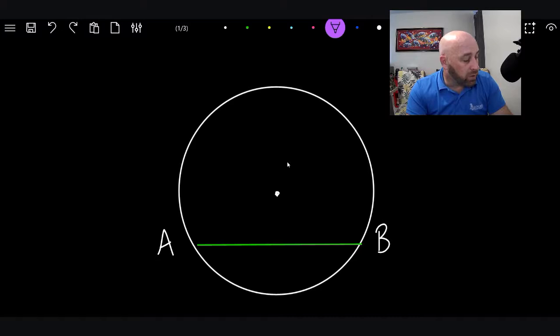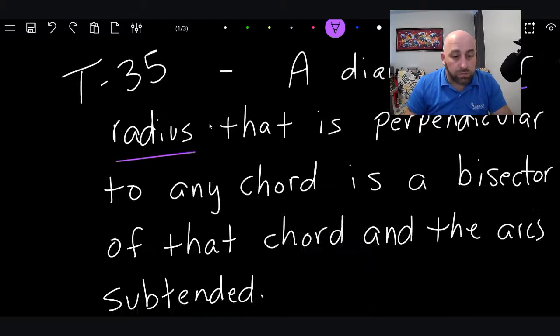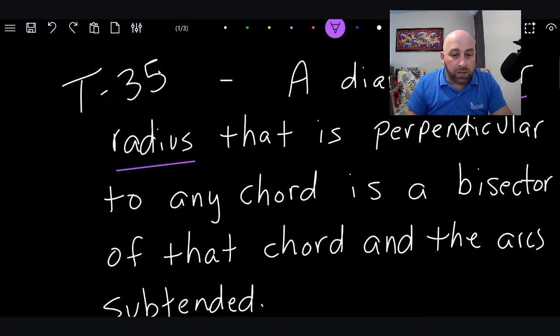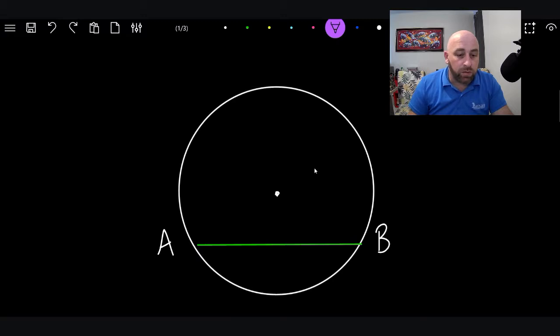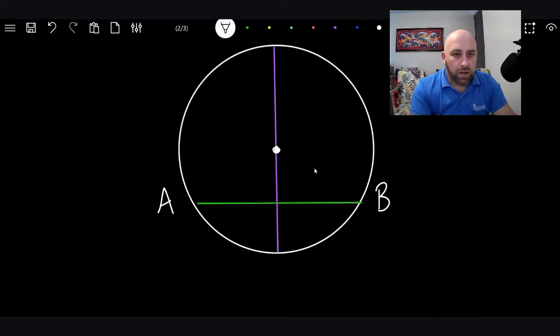So if we draw a radius that is perpendicular to the chord, notice that it perfectly bisects AB. It cuts AB in half. When we draw a diameter that is perpendicular to AB, what does perpendicular mean? It means that that's a 90-degree angle right there.